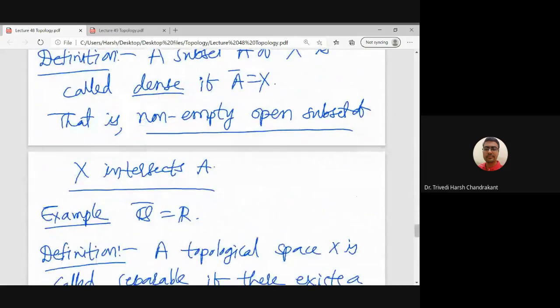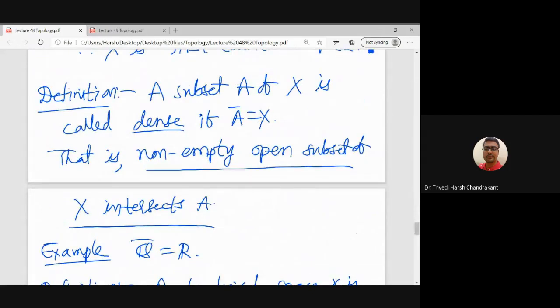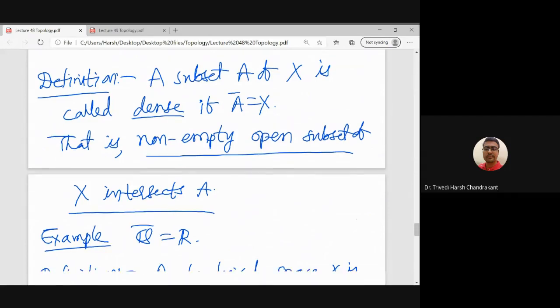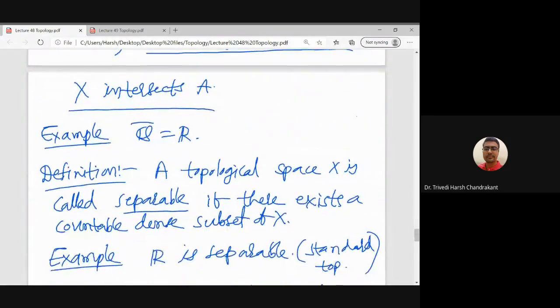After that, we discussed dense subsets. A subset A of X is dense if its closure is the whole space. And we know the standard example that rationals are dense in real numbers.